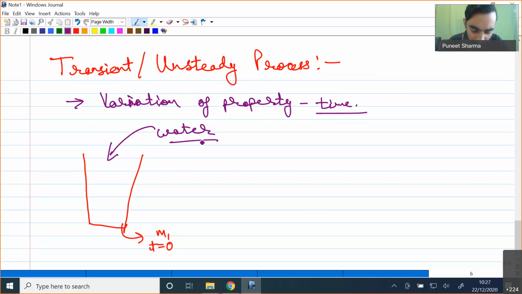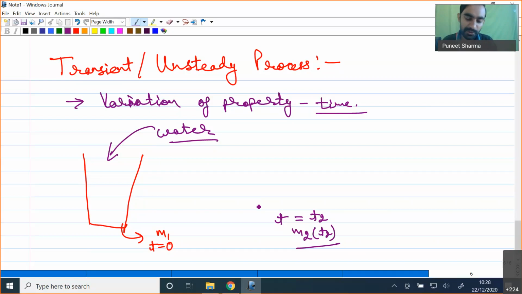During the process of pouring the water, the mass of this water glass will be changing, and after time t equal to t2, our glass is fully filled with water. So we will have another mass m2, corresponding to time t2. In this process, we have variation in the value of property with time.